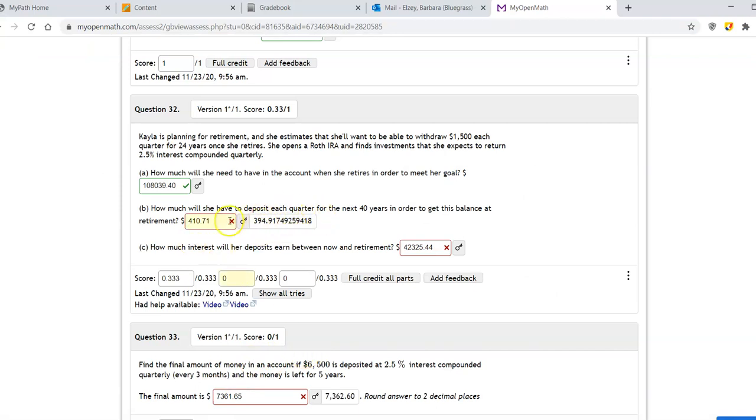So somewhere you went awry over here, perhaps rounded too early or something.